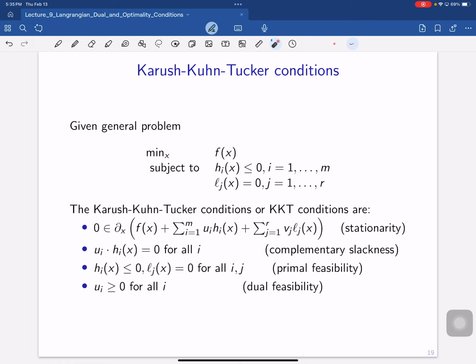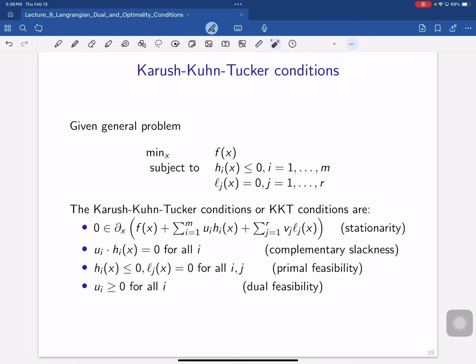Okay, the first conditions, let's start from primal feasibility and dual feasibility. If x and u, v are optimal primal and dual solutions, of course they need to satisfy primal feasibility and dual feasibility. In order to be optimal, the solution at least has to be feasible.